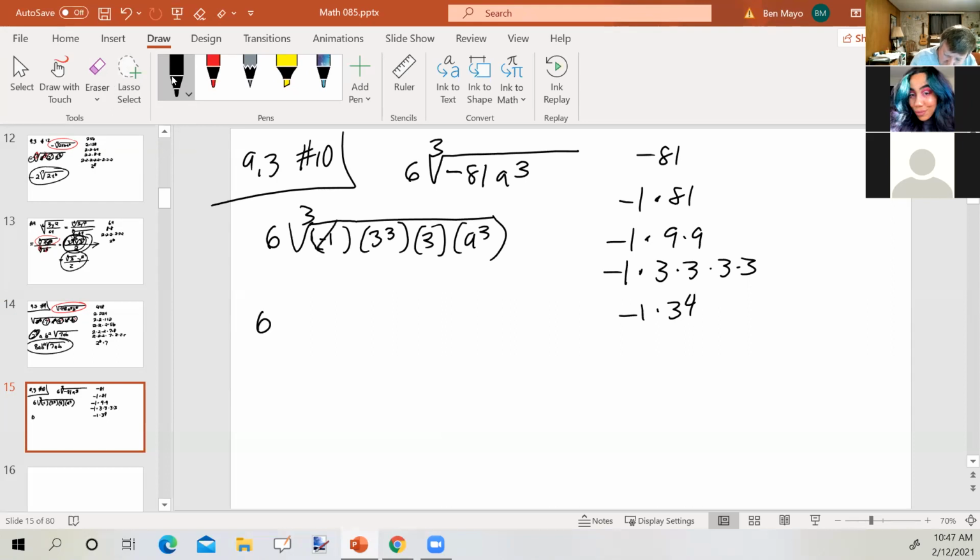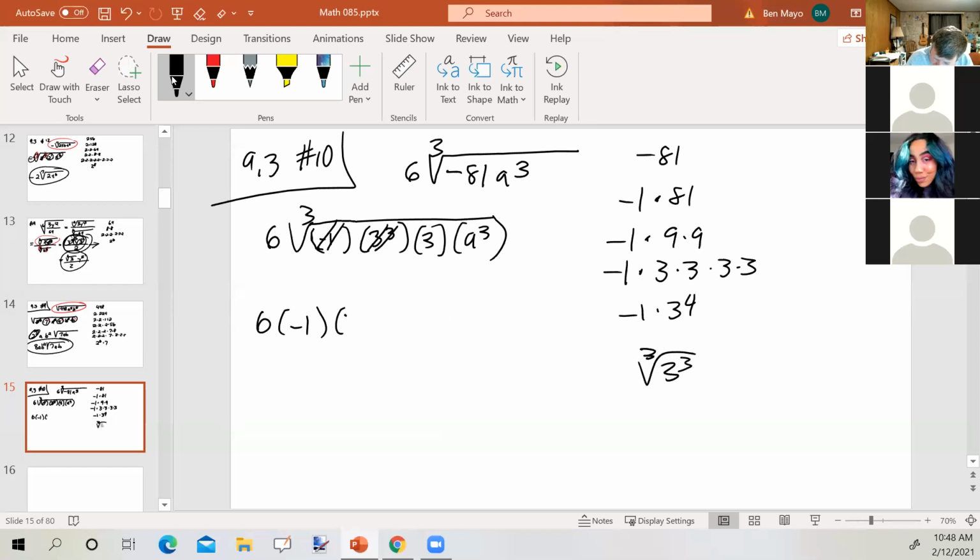What's the cube root of -1? That would just be -1, right? Correct. Good. What's the cube root of 3 cubed? I want to say 3. Because the exponent and the index undo each other, all right?